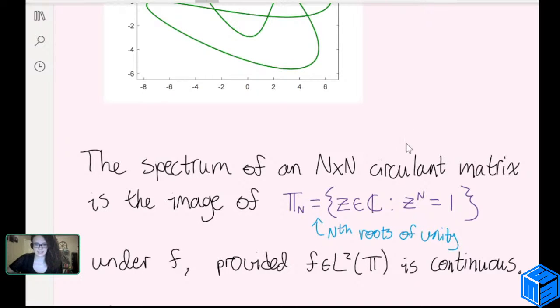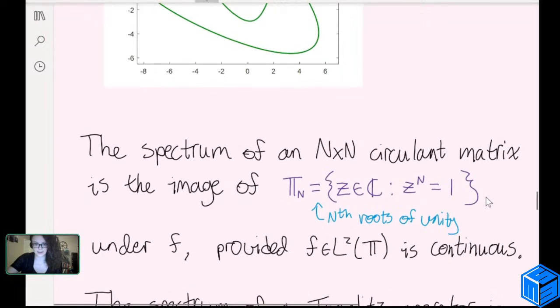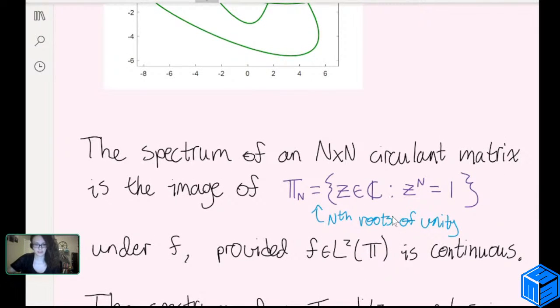That n comes from the fact that it's an n by n circulant matrix. This is very similar to how we got the spectrum of the Laurent operator, but we're just using a finite number of dimensions now. We're going to call these roots of unity boldface T with a subscript uppercase n. And it is the set of all complex z such that z to the power n is equal to 1.